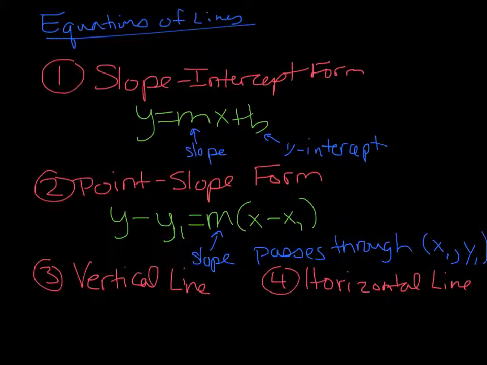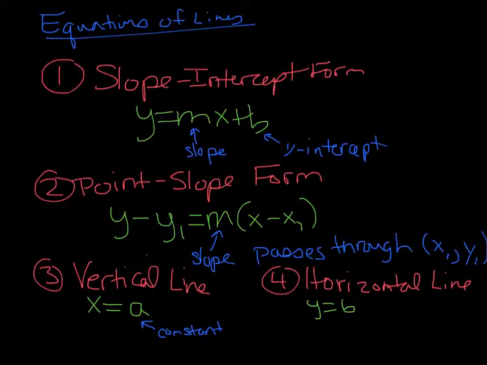The last important two things are a vertical line and horizontal line. A vertical line is always going to be written as x equals any constant number. So I'm going to call it a. And a is just going to be a constant, which is just a plain old number. And the horizontal line is going to be written as y equals a constant.